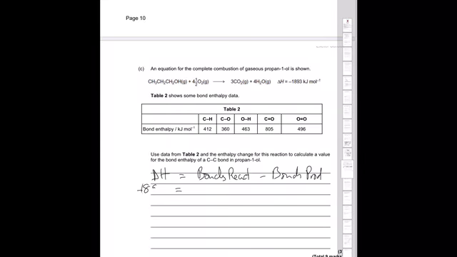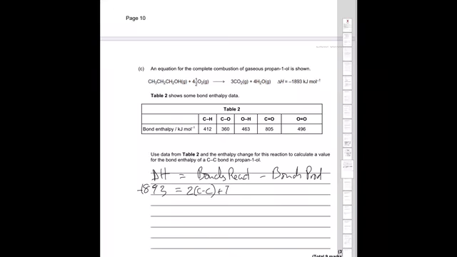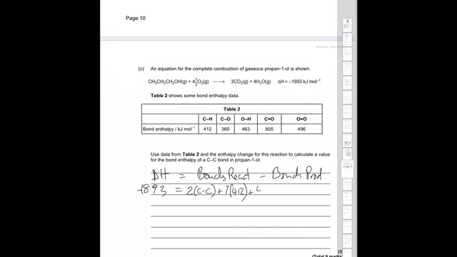Oh no, that's what we have to do. We have to find the, oh, I see. Yeah. So they give you that value there, 1893, and then you list all the bonds of the reactants and then the bonds of the products. Seven times 412. Then you've got a CO bond, so plus 360.